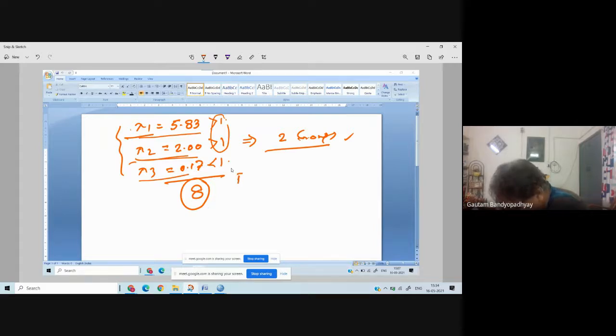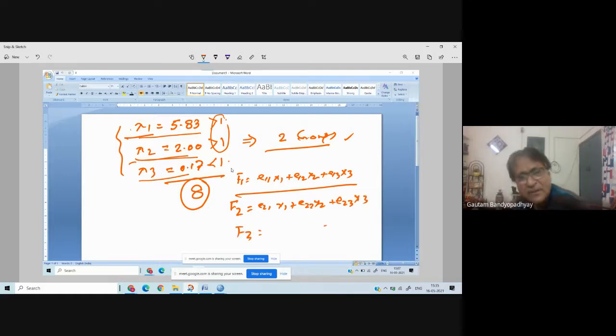Next, F1 is equal to U11 x1 plus U12 x2 plus U13 x3. This is the first equation, as I already told you. And F2 is equal to E21 x1 plus E22 x2 plus E23 x3, and naturally F3 as well.